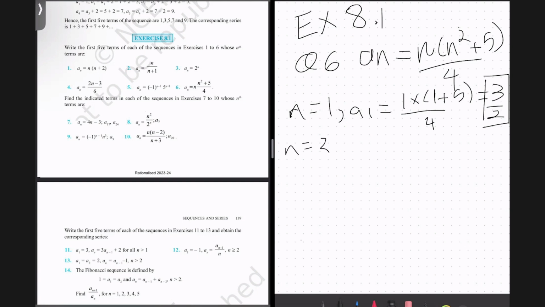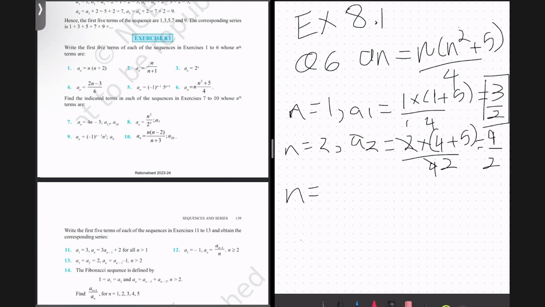For n equals 2, the second term would be 2 into 2 square, which is 4, plus 5 by 4, and cancel this out like this. The term that you get is 9 upon 2, correct?